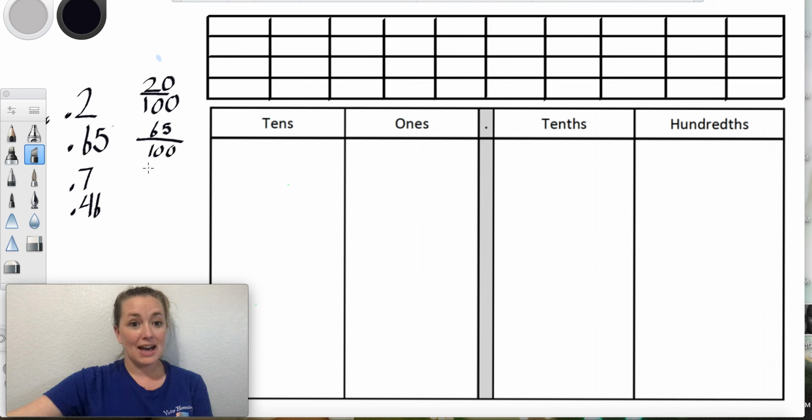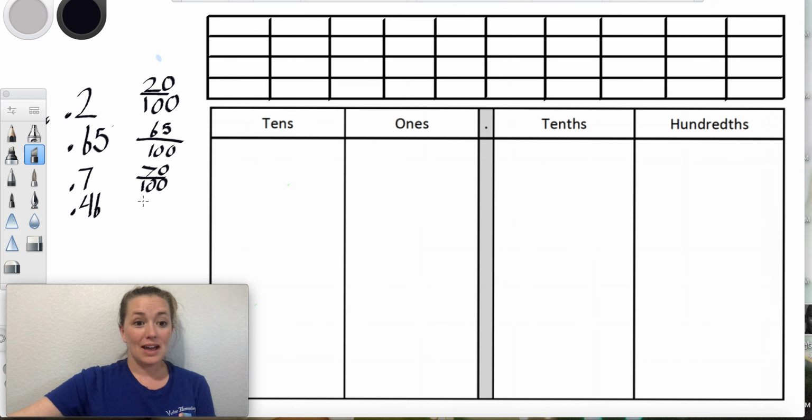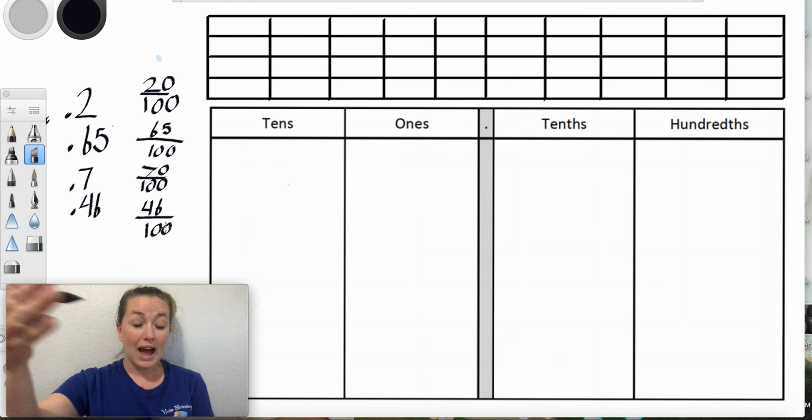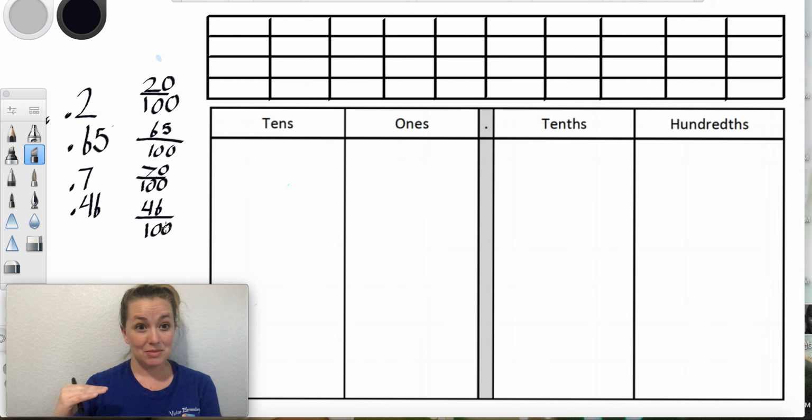Right here I have 7/10 or 70 hundredths. And this one right here is 46 hundredths. Well, when I look at them all with similar denominators, now all of a sudden it's really easy to know which one is the greatest, which one is the least.